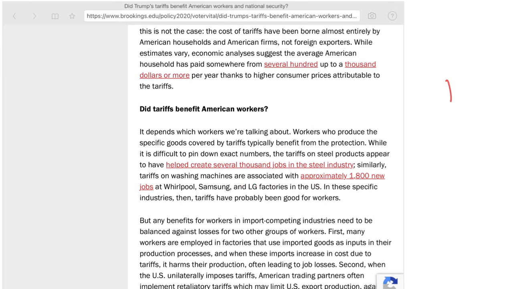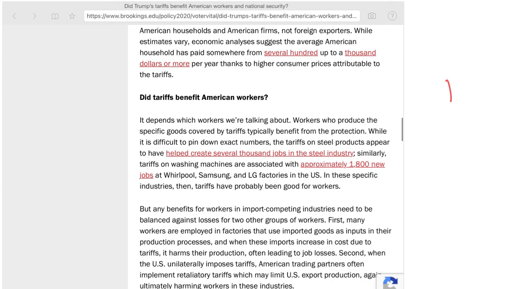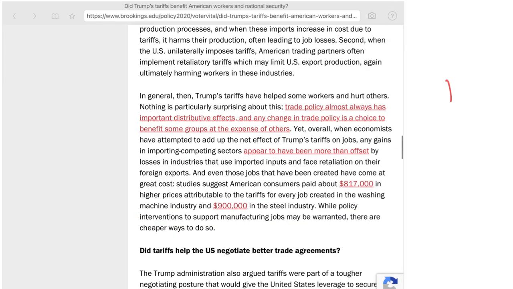So in those industries, the tariff did work out well for the workers. But when you get down to these other jobs, it basically says here, overall, when economists have attempted to add up the net effect of Trump's tariffs on jobs, any gains in the import competing sectors, that's the steel and the other sectors that we've just referred to, appear to have been more than offset by losses in industry that use imported inputs, that's the first thing, and face retaliation.